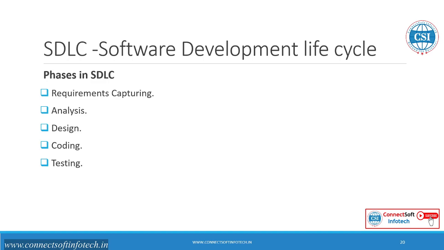After coding is completed, the testing phase is involved, in which testers test the application. So this is the SDLC process, and these are the phases involved: implementation and maintenance too.